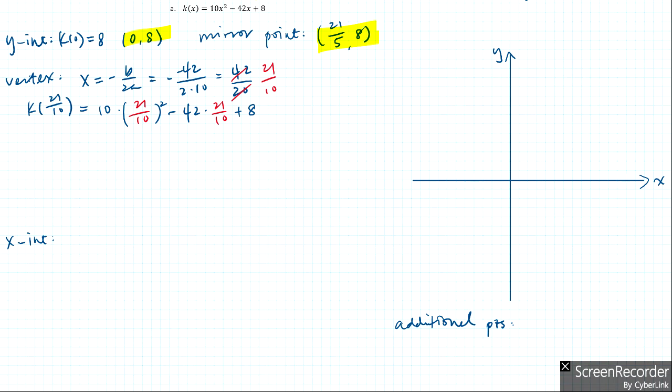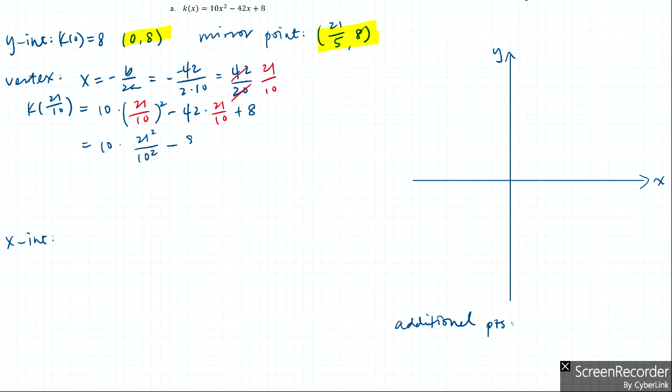Once we do this, we are going to get some cancellation. If you don't notice, you can write this out as 10 times 21 squared over 10 squared without worrying about 21 squared for a minute. Minus here 42 times 21 over 10. There's not much we can do over here, so we actually have to eventually multiply this out.